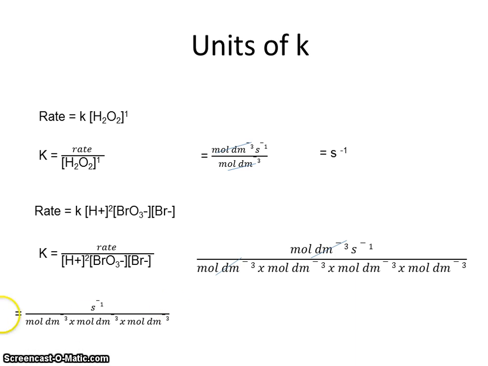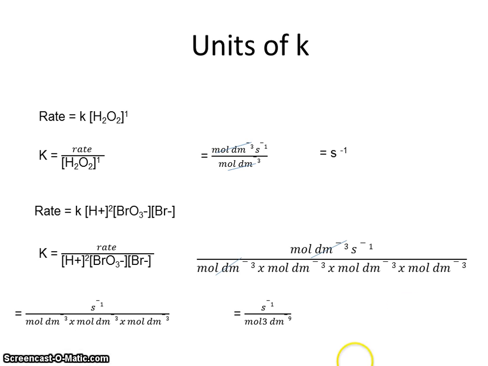First thing to realise is that we can actually simplify this by thinking about the number of mole terms that we have on the bottom. It's moles times moles times moles. That means moles cubed. Then it's dm to the minus 3 times dm to the minus 3 times dm to the minus 3. That will make dm to the minus 9. If we're not sure about how we do that, then there's a little hint we can use later on.